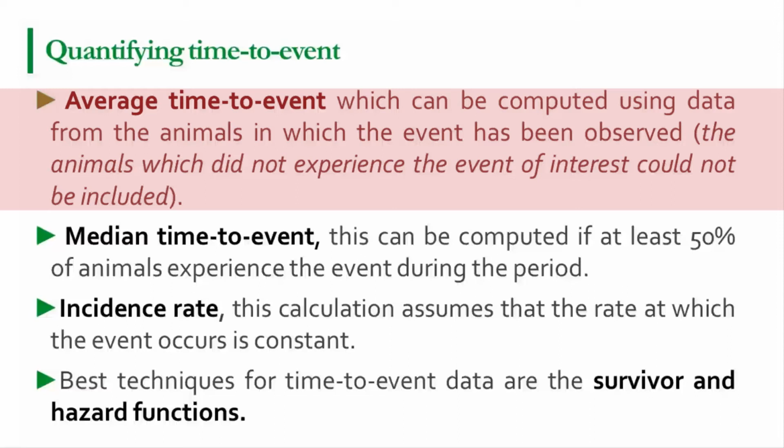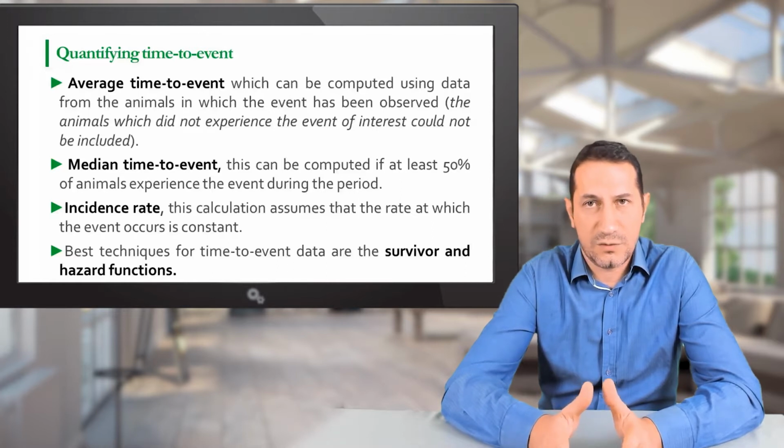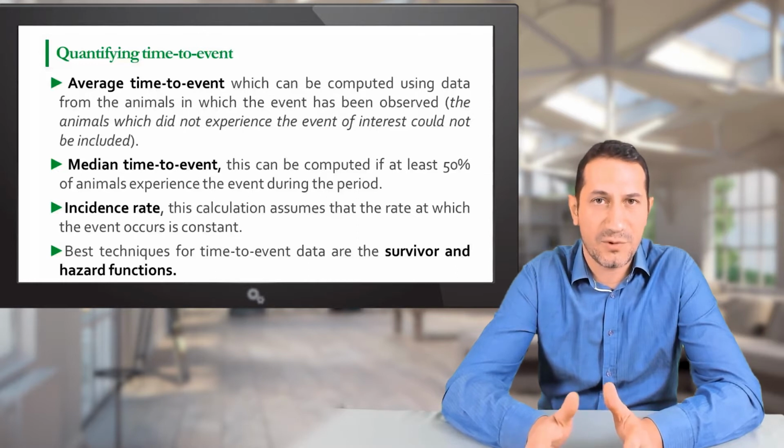There is also a problem with using average time because the mean can be affected by very low or very large time intervals. For example, if we use a short follow-up interval, we might have an underestimated time to event.